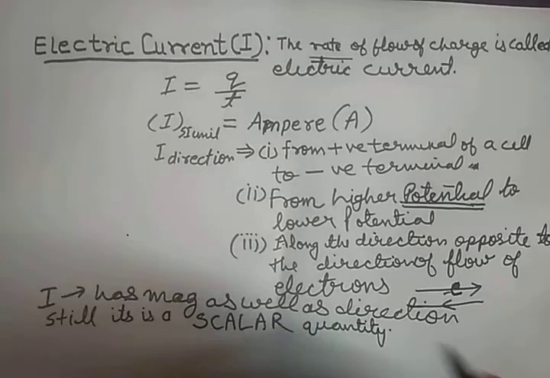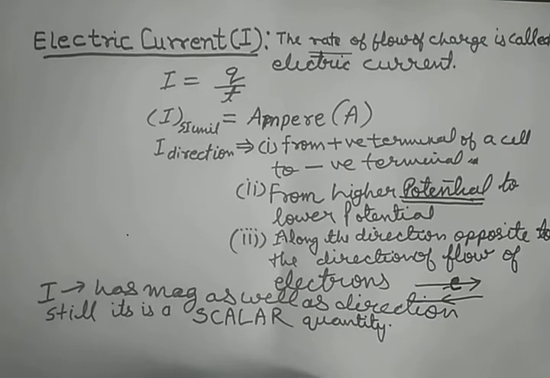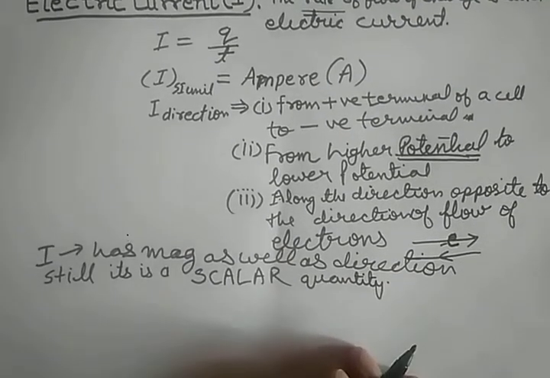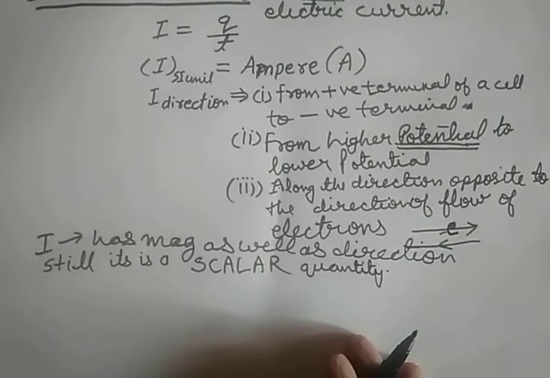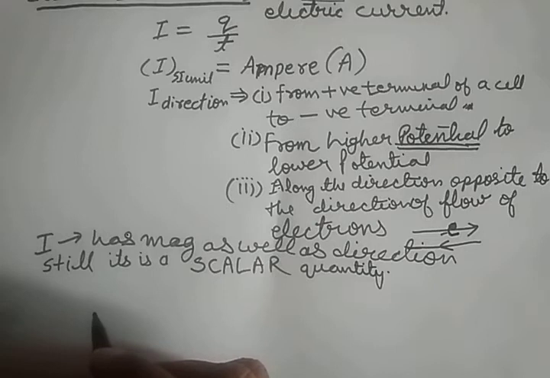Now why is it so? It is because there are some other requirements for a physical quantity to be called a scalar or a vector, and that is the addition rule.